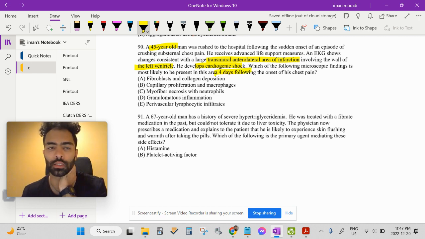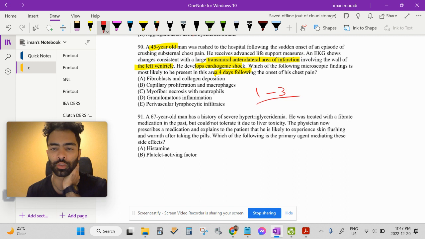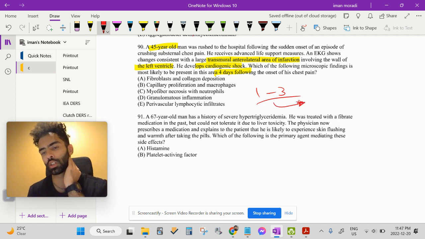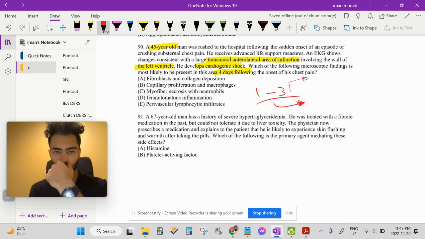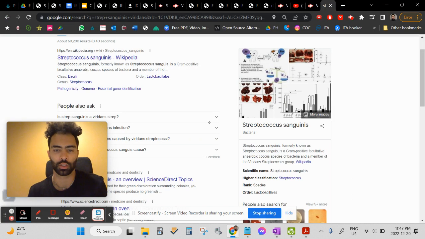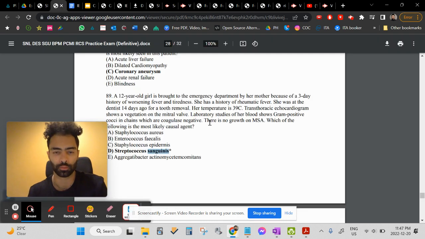What do you see at 4 days? So day 1, 2, 3, you see all the neutrophils. It's acute inflammation, and there's a lot of damage happening. But around day three you start building stuff, so you see macrophages moving. I'm looking for the term macrophages. There's one over here. Nothing else has really macrophage. I'm gonna go with that.